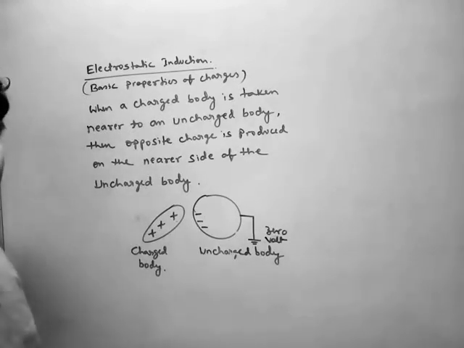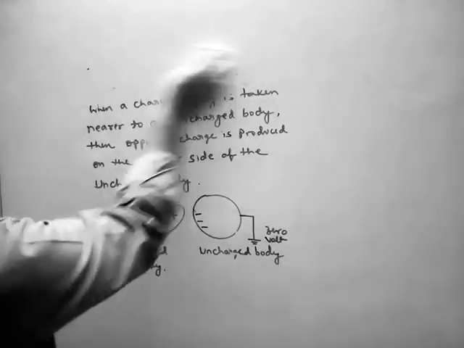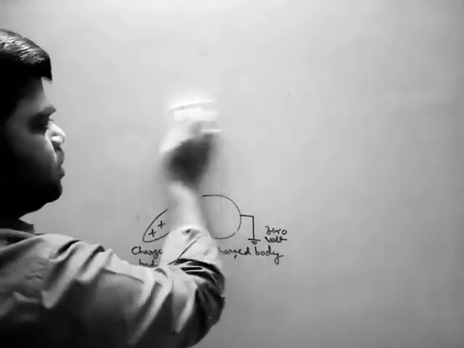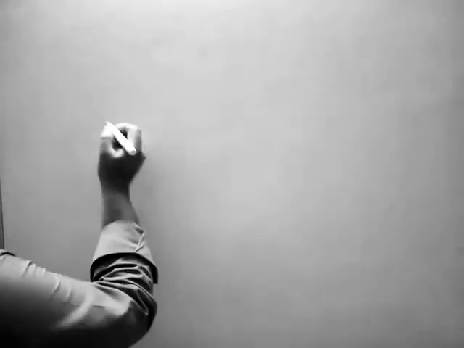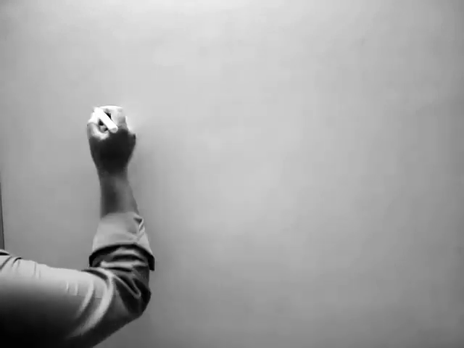Is it right? So these are the basic properties. In the last class, one of the students told me that there is a problem with the fifth property. The fifth property was very simple.